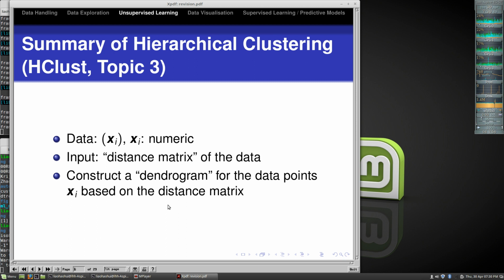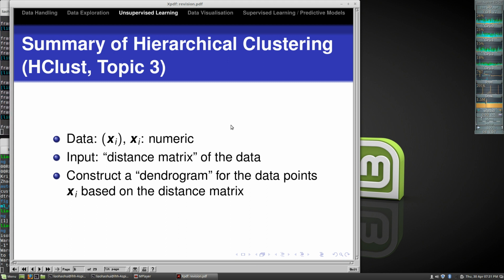Next, hierarchical clustering. Again, unfortunately, it's only for numeric data. And the R hierarchical clustering input, instead of taking the data and the distance measure, just takes in the distance matrix for the data.